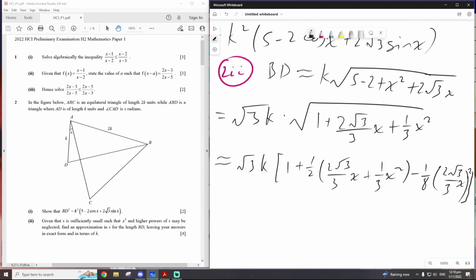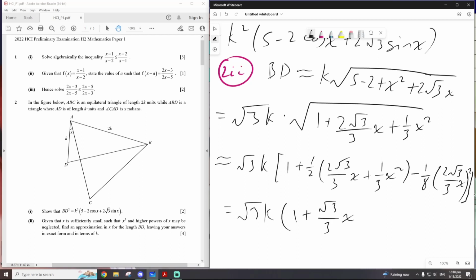Okay. So let's see what we get from here. Square root of 3k. Then I will get, the x term will be just root 3 over 3, I think. Yeah. 1 plus root 3 over 3 x.